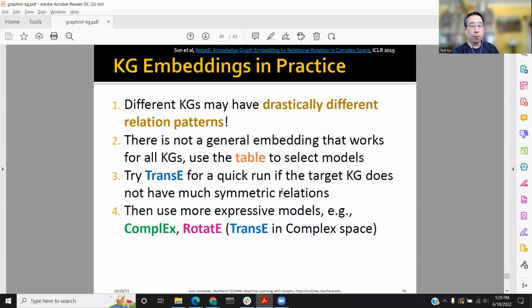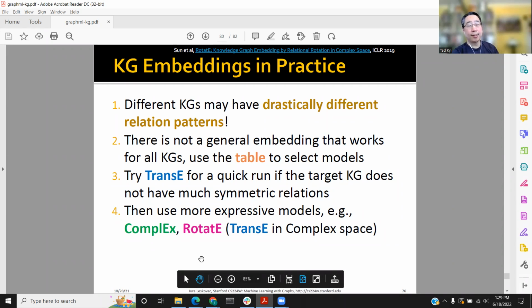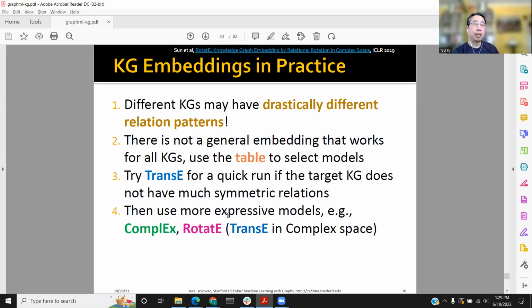And if that doesn't work, then you can start doing other things, like you can use complex, and you can also use a complex version of TransE, which is called rotate. And so you can try other embeddings. And again, if you look at the different papers, you can see where they have actually run these on large knowledge graphs and gotten up to 80% accuracy on this knowledge graph completion task.